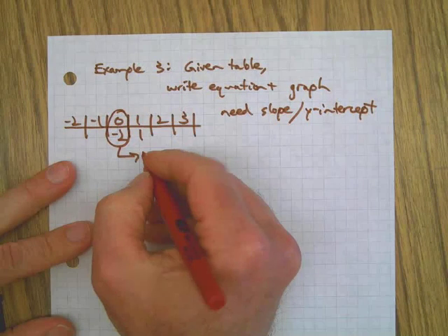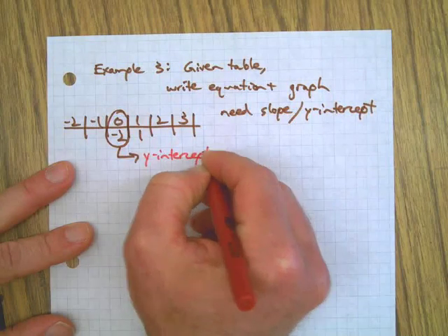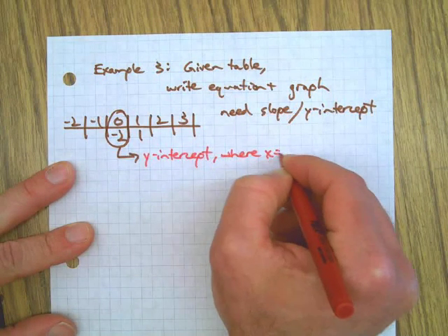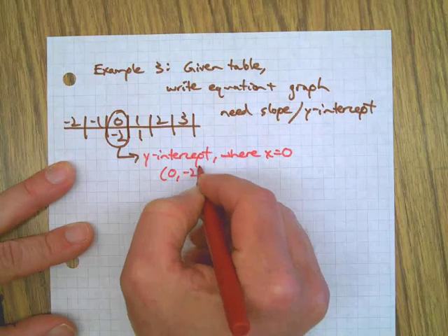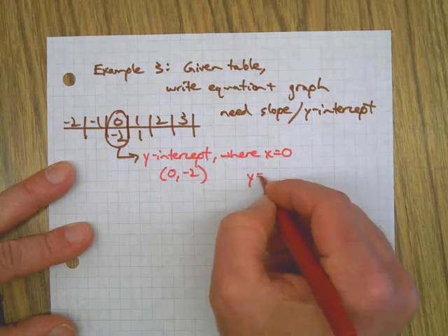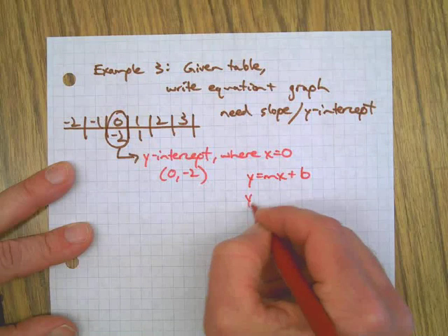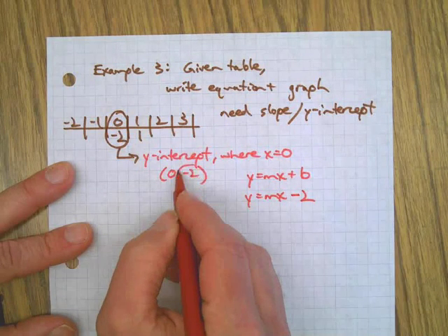You can always tell the y-intercept on a data table because that's where x equals 0. So in this case, our y-intercept is 0, -2. So if I'm writing the equation in y equals mx+b form, I've got this piece now, y equals mx minus 2, right? Minus 2.